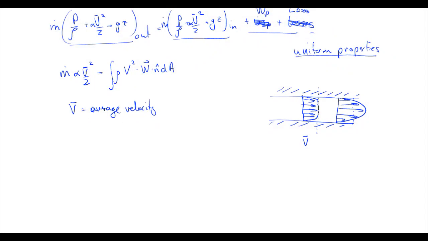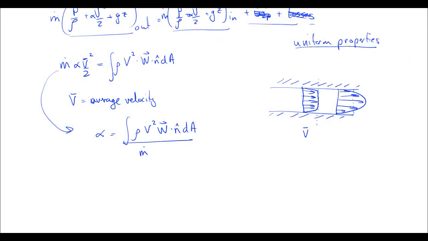We can then solve for alpha. Alpha then becomes equal to the integral of rho v squared w dot n hat dA divided by m dot v bar squared over 2, where v bar is our average velocity. We've had to calculate it before, but I'll remind you how to do it here.